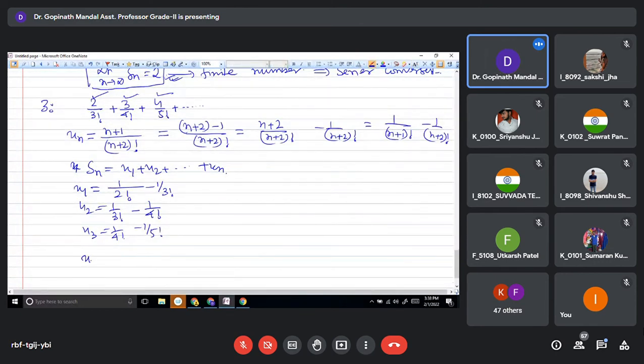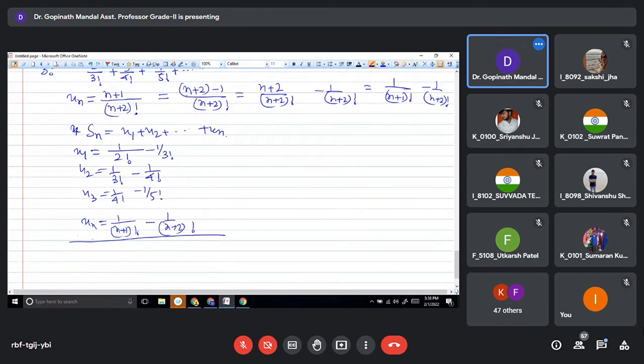And un is equal to 1 by n plus 1 factorial minus 1 by n plus 2 factorial. If we add these terms, then we get Sn, and these cancel.